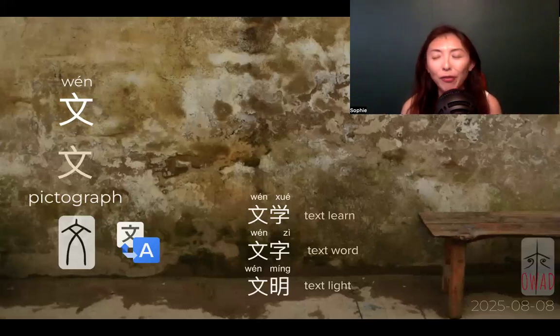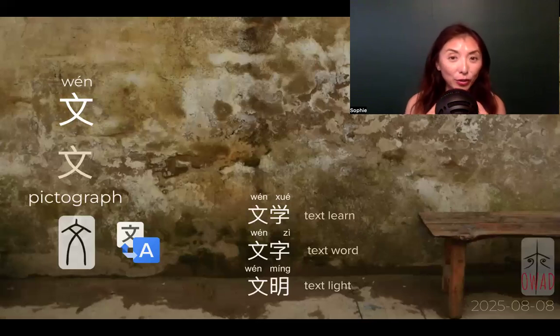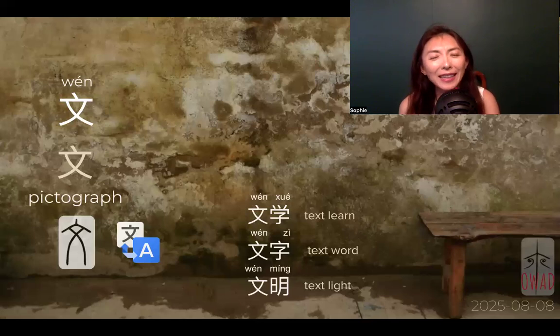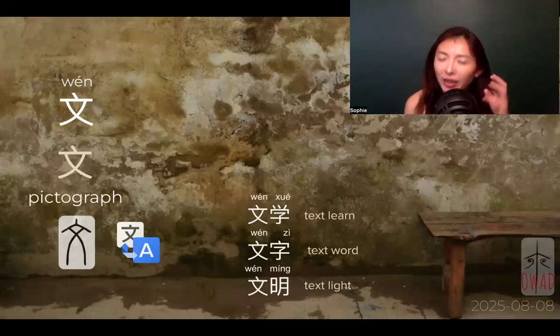Literature is an art form where, through language itself, the author communicates or evokes understanding or an emotional response from the readers. So it's purely through the art form of language. And so that's 文学. I don't think it's that accurate. It's more like linguistics, right? If you think about it logically.